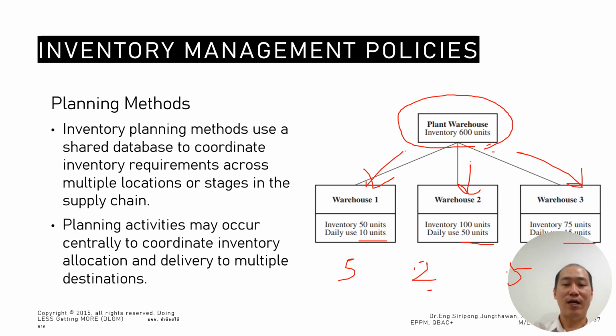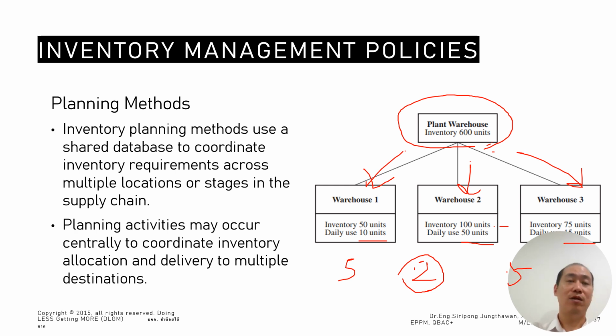So you have to decide to fill warehouse 2 because its inventory is limited. Now you know that you have to build more product, and then you fill warehouse 2 first, because it will finish in 2 days, since inventory is 100 and daily use is 50. So you think 100 divided by 50, you have 2 days for the warehouse.